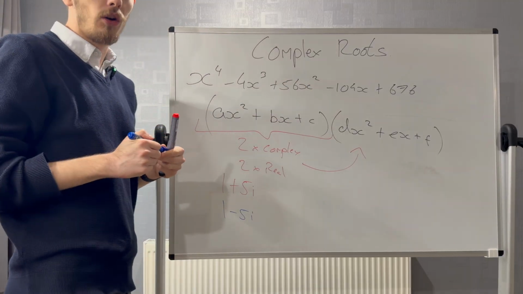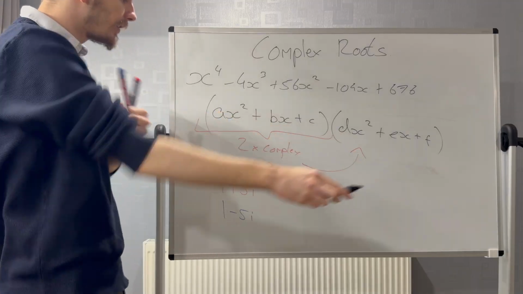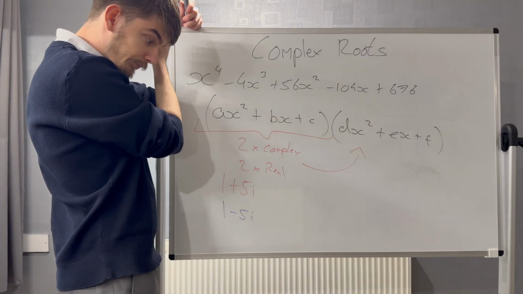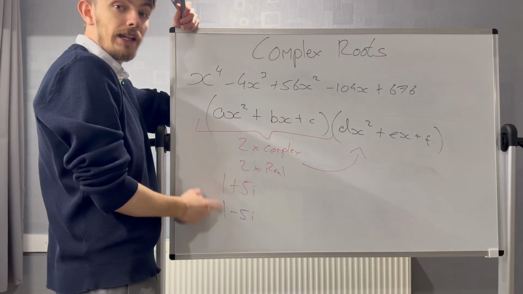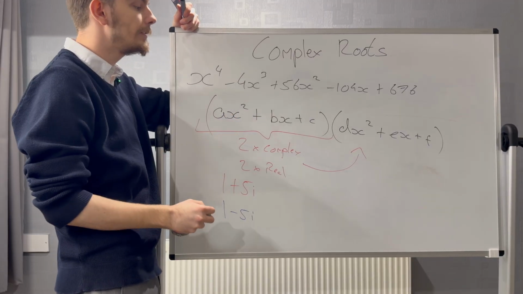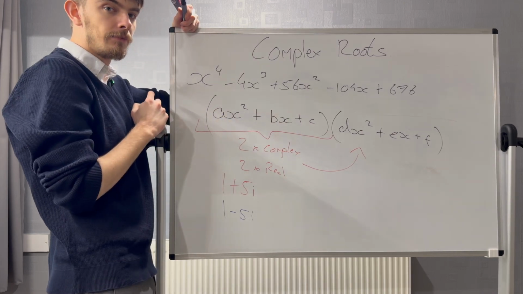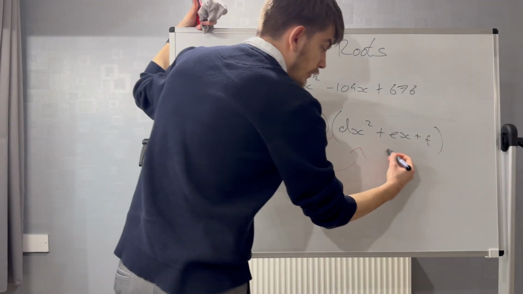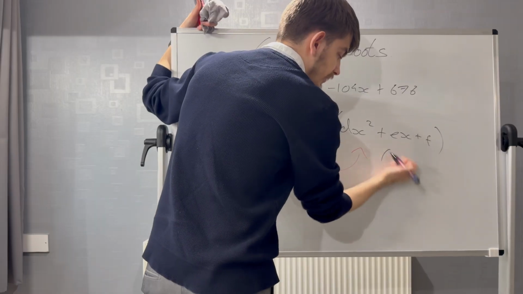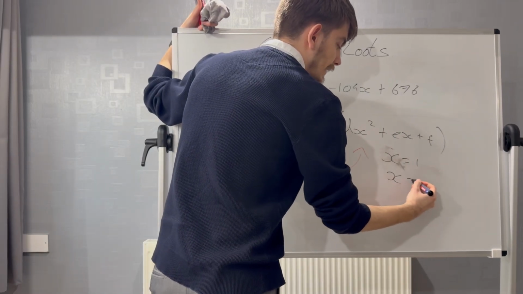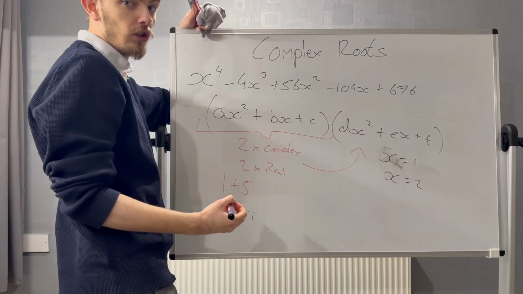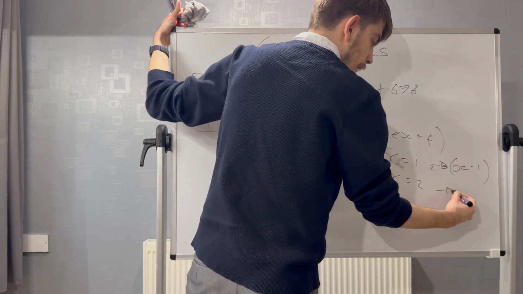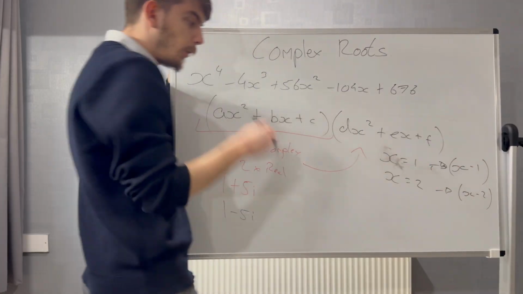Well, it's quite long and drawn out, but we can use the idea of multiplying our roots together in a certain way to be able to get one of these quadratics. So how would I do that? Well, if I imagine I've got a quadratic with roots x equals 1 and x equals 2, to get that quadratic, I turn this into x minus 1 and x minus 2, and I multiply them.